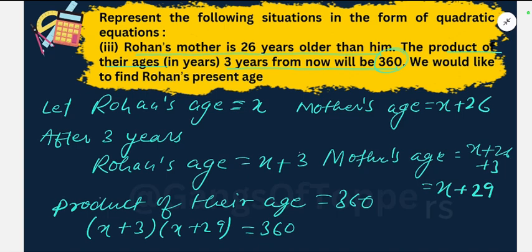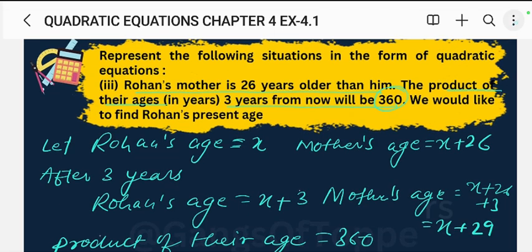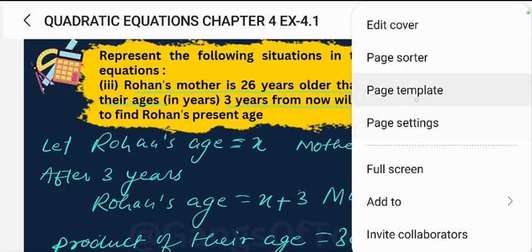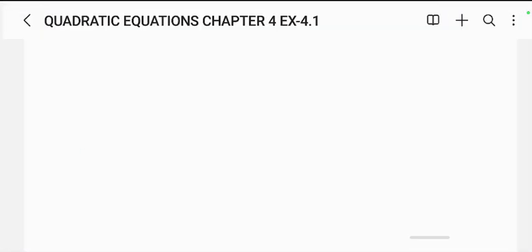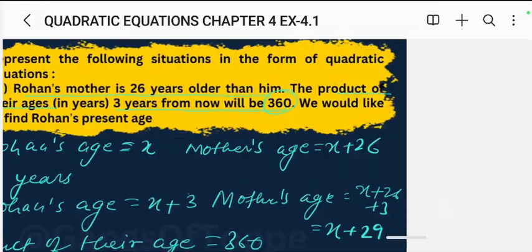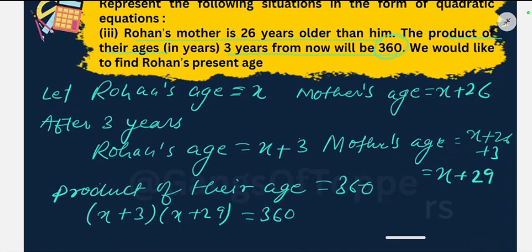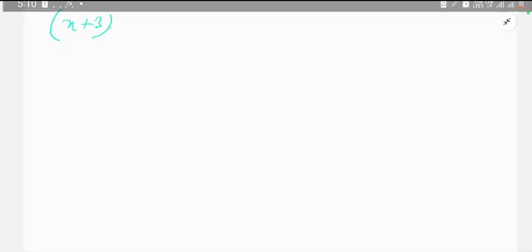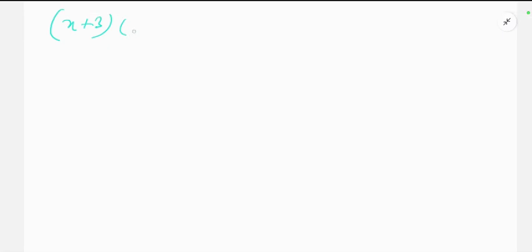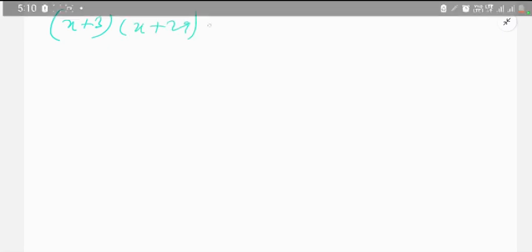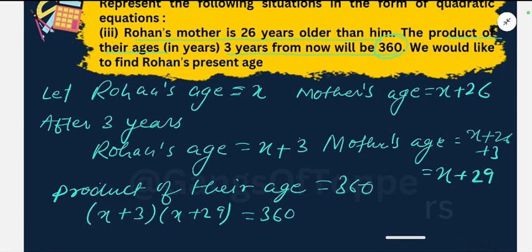Let me take a page. Okay, so what we have, the last equation, x plus 3 into x plus 29 equals 360. We can solve here also.